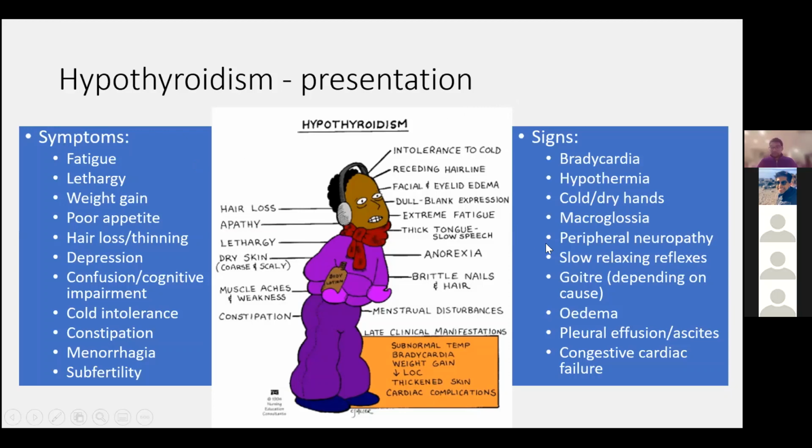In terms of the signs, goiter, as I said before, is dependent on the underlying cause of the hypothyroidism. These patients often have slow relaxing reflexes. They may have a degree of peripheral neuropathy and edema as well. In extreme states, they can develop pleural effusions and also congestive cardiac failure.